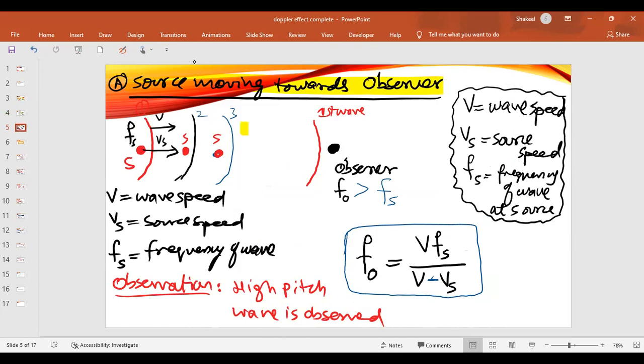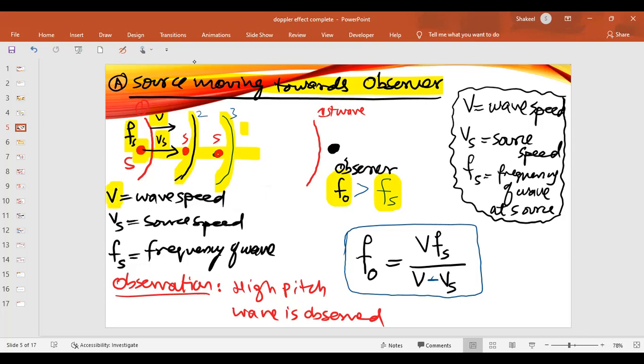Let's say this S is the source, which is producing a wave of frequency fs, and the wave is traveling with speed v, and the source starts moving towards the observer with speed vs. As the source is moving towards the observer, it emits a second wave here, a third wave here, so the observer will observe the frequency of the wave as higher than the actual frequency. The observer will be receiving more waves every second than are produced by the source.